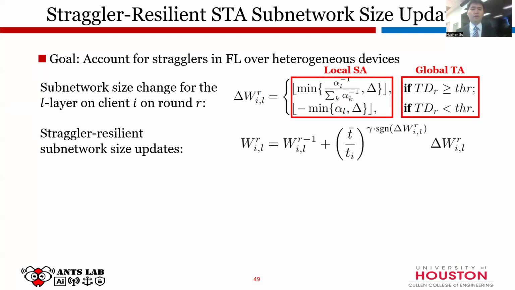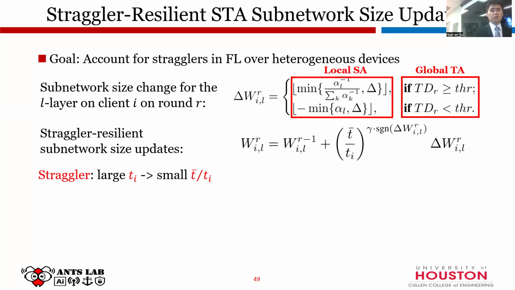To create a straggler resilient subnetwork size, we will add this part, which is the T bar over Ti, in this new formulation here. So let's say if we're a straggler, that means we have a larger Ti. If a larger Ti, that means it's going to be a smaller T bar over Ti. Here, the T bar essentially means the average training time. So if you are a straggler, then the T bar over Ti is going to be less than 1.